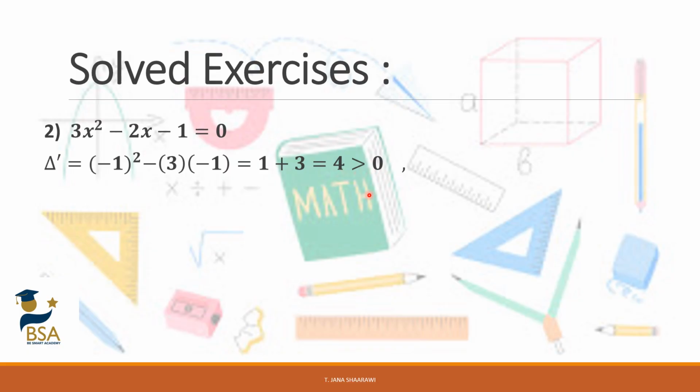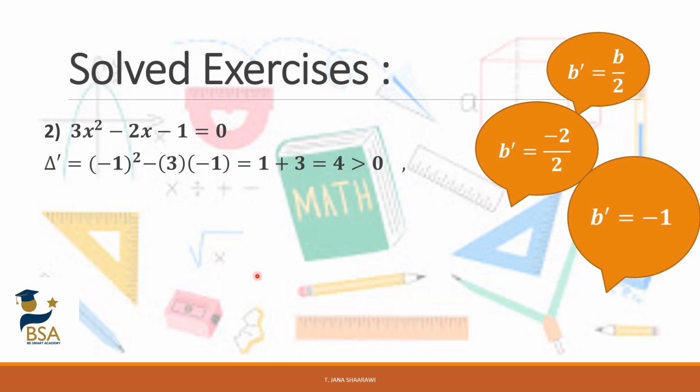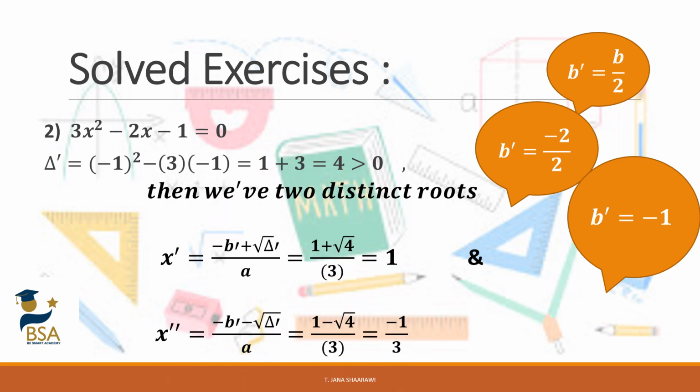It's positive, so we have two distinct roots. The two distinct roots are minus b prime plus radical delta prime over a and minus b prime minus radical delta prime over a. So it's 1 plus radical 4 over 3, which is 1, and 1 minus radical 4 over 3, which is minus 1 over 3. As you can see, the same as the previous results, but it's reduced.